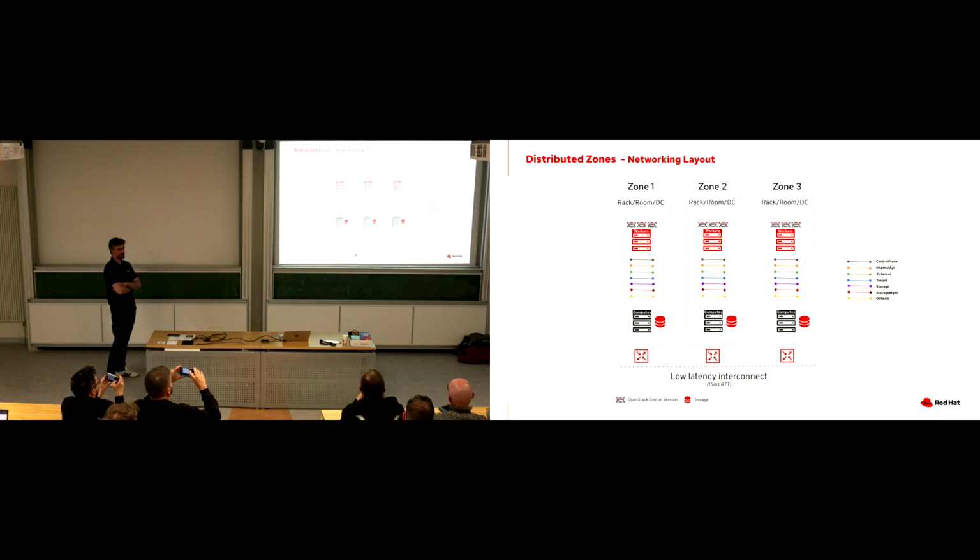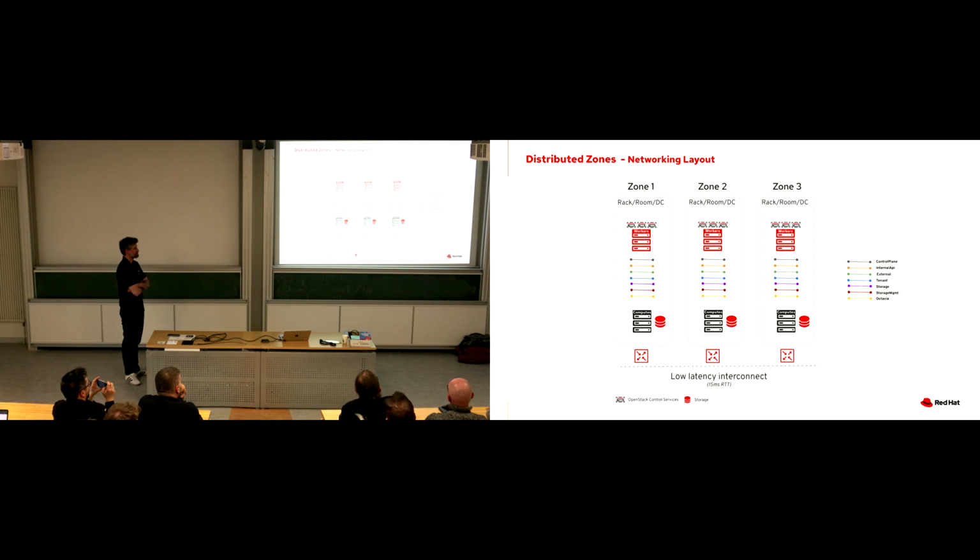So for example, the control plane will manage the access and the configuration of compute nodes, okay? It will be used to SSH to compute nodes and deploy and configure them. Internal API is dedicated to communication between OpenStack services. External network is dedicated to external reachability to the virtual machines inside OpenStack.